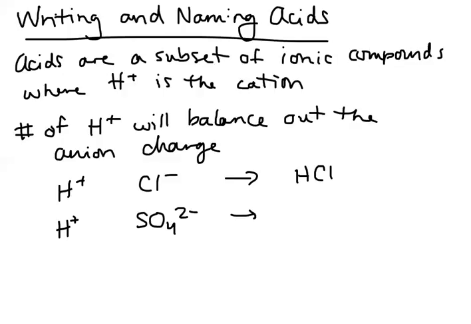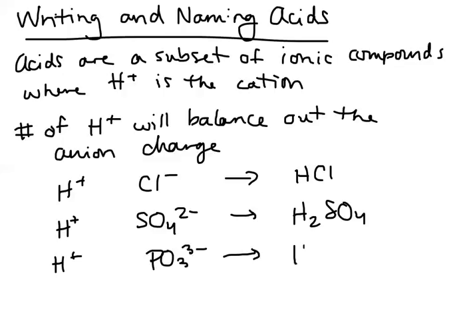How many H's do we need? 2, because it's H2SO4. PO3 3 minus, how many H's do we need? 3, because we have a 3 minus charge, we need to balance it out with 3 positive charges. So you have 3 H's, H3PO3.